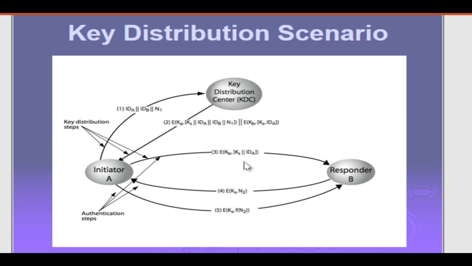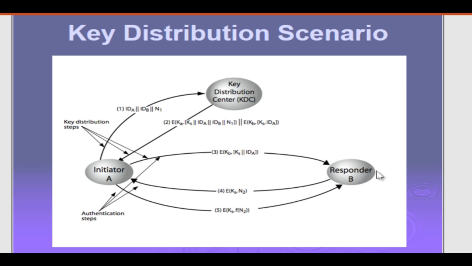B knows the session key, and it also finds out that the session key is with the pair of A. If KDC sent only the session key, B would be confused about whose pair this session key is, because B not only communicates with A, it also communicates with many other participants like C, D and E. The session key in symmetric encryption is used between a pair of participants: for A and B, one session key.